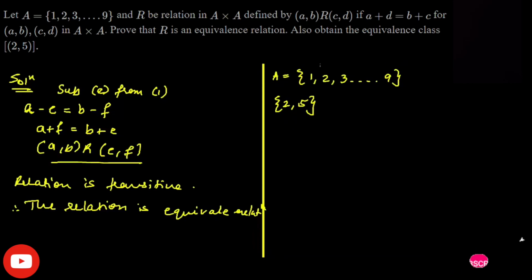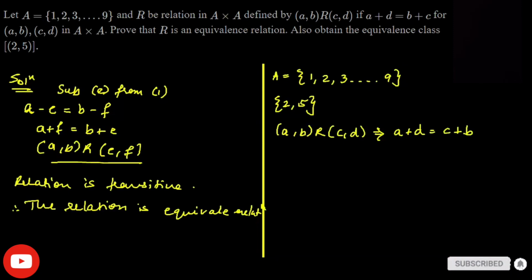So we consider these values to be c and d in the given equivalence relation, that is (a, b) related to (c, d) is a + d equal to c + b. So we get 5 + a is equal to 2 + b. Therefore, b is equal to a + 3.